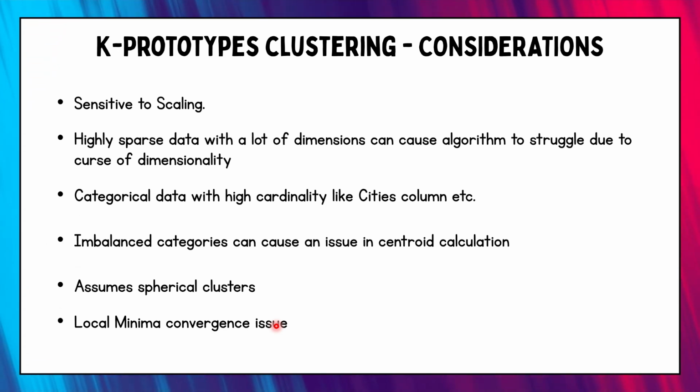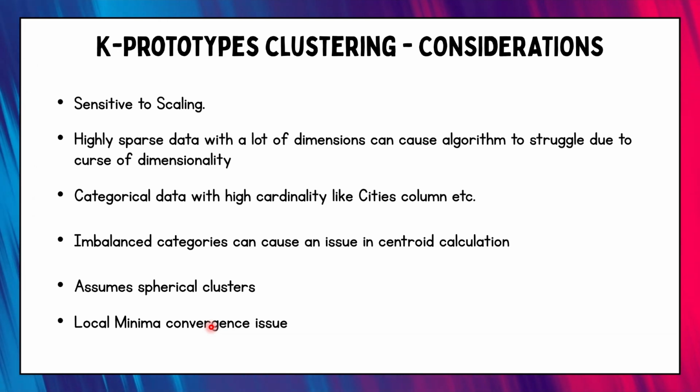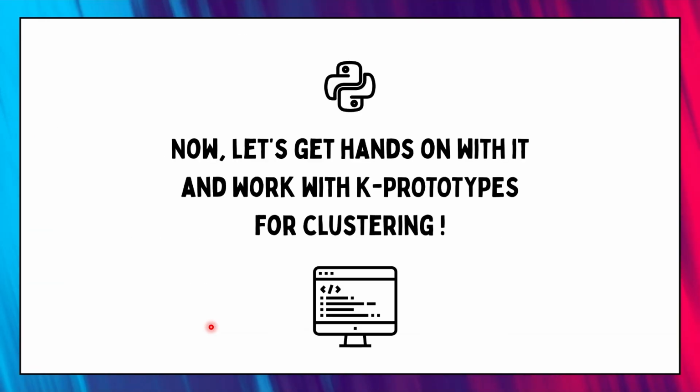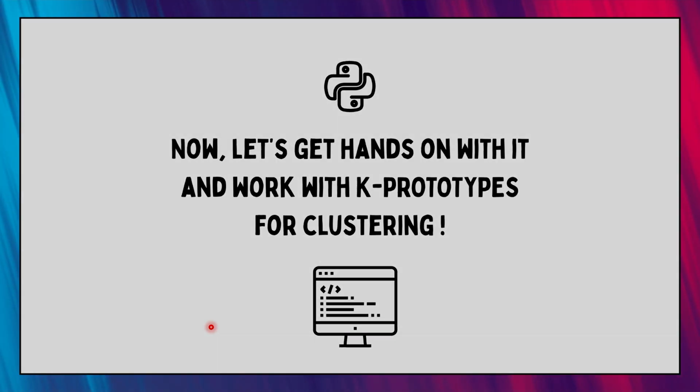This can be remedied by randomly initializing centroids in like 10 different positions, like we used to do in the K-means++ algorithm. So we now have a pretty detailed idea of the algorithm. Now we are ready and warmed up to jump into the coding part of it, the hands-on session. Hope you enjoy it.